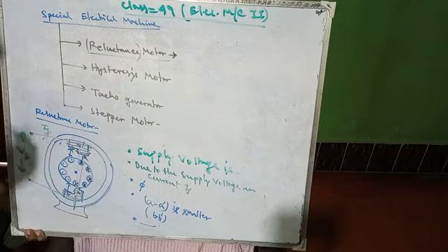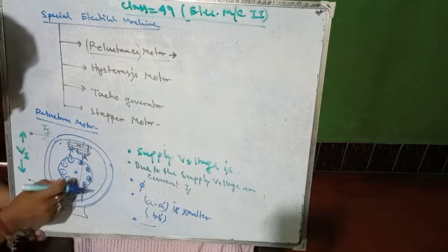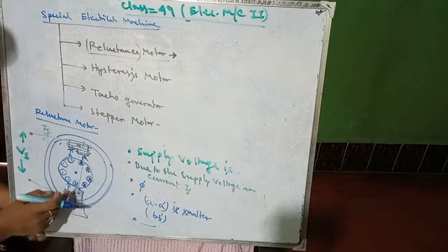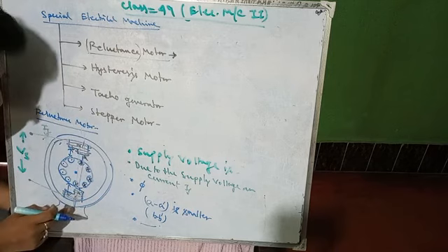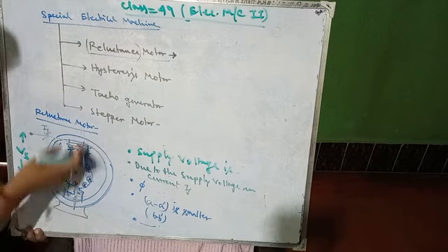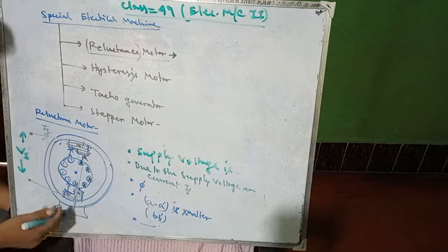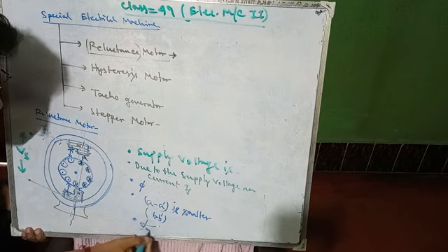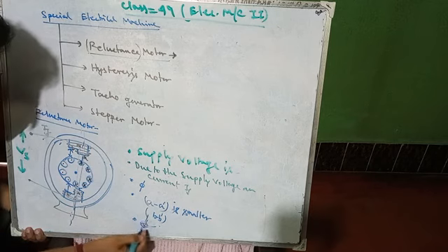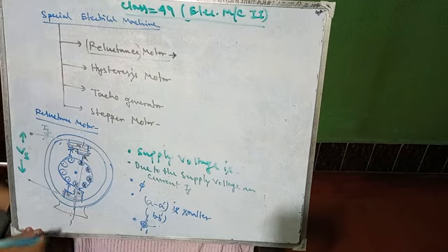When a particular rotor conductor is superimposed over this AA dash axis, it experiences more flux, phi max or phi 1.